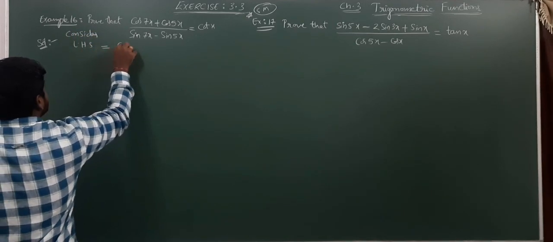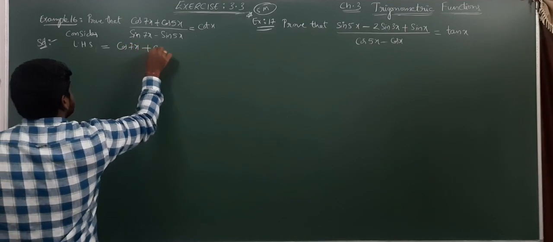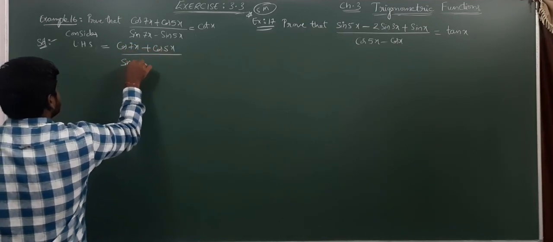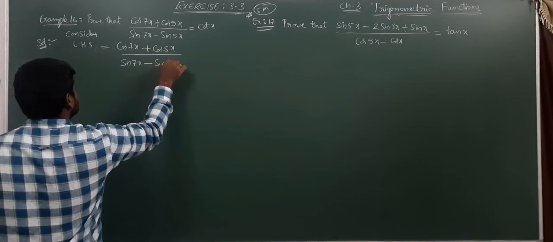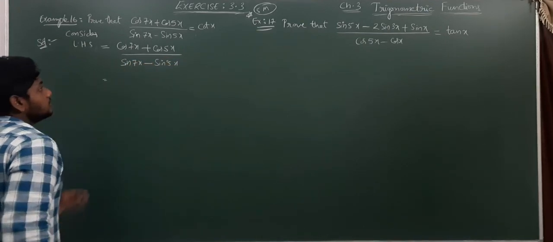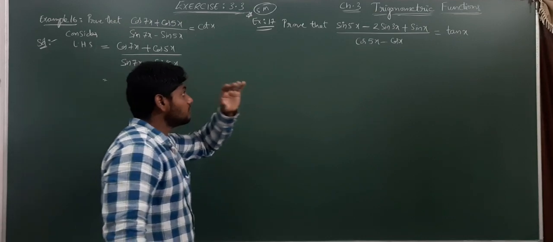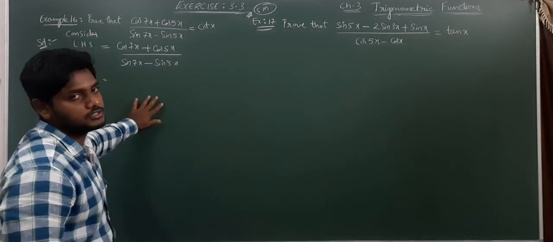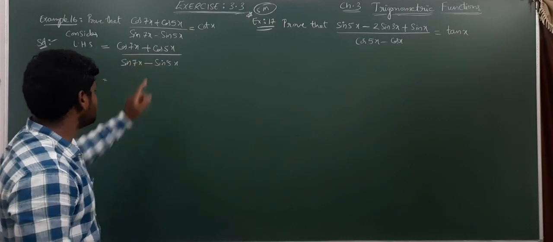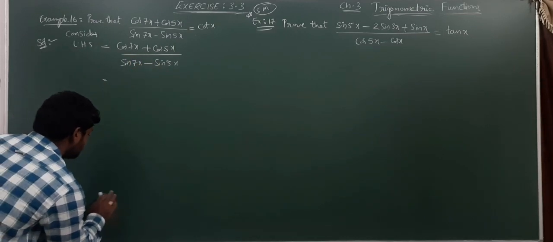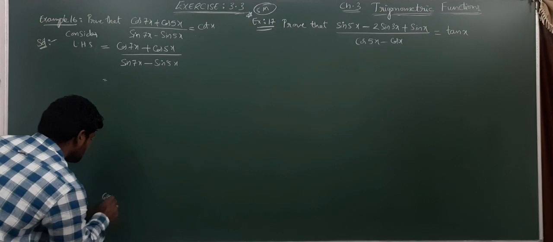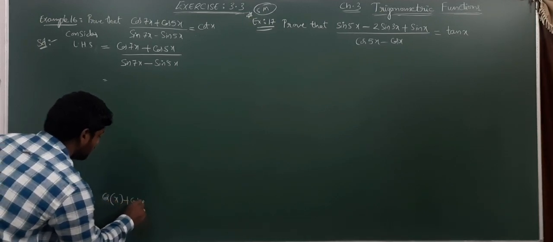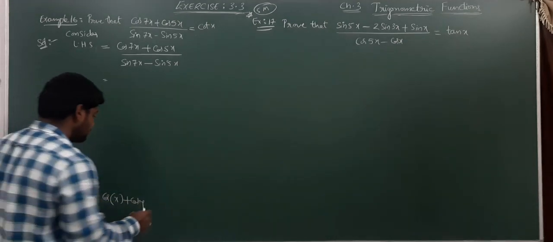LHS is equal to cos 7x plus cos 5x divided by sin 7x minus sin 5x. See, each and every question in trigonometry we need to solve by using formulas itself. If you observe, this is in the form of cos x plus cos y, or cos a plus cos b, however you want, you can write.